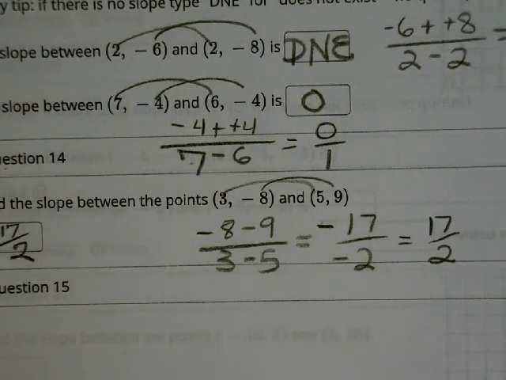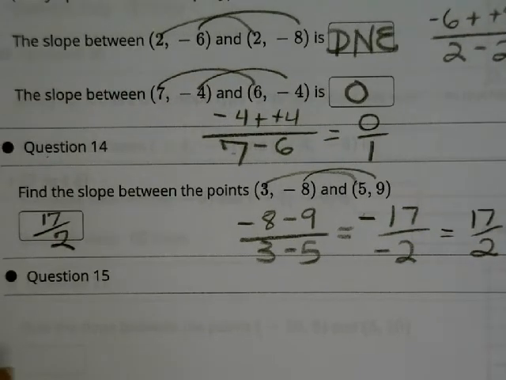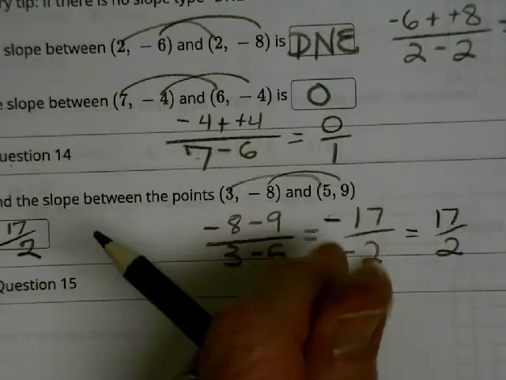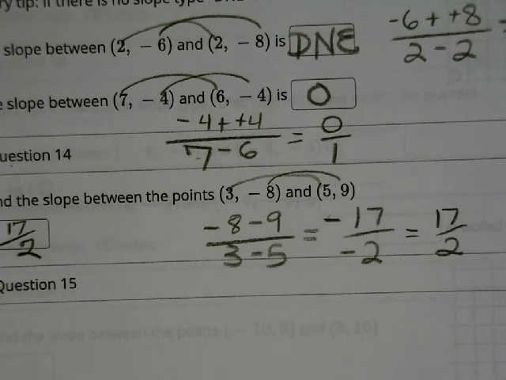So that's what goes in your solution box. Yeah, yep, the negatives disappeared because a negative divided by negative is a positive.